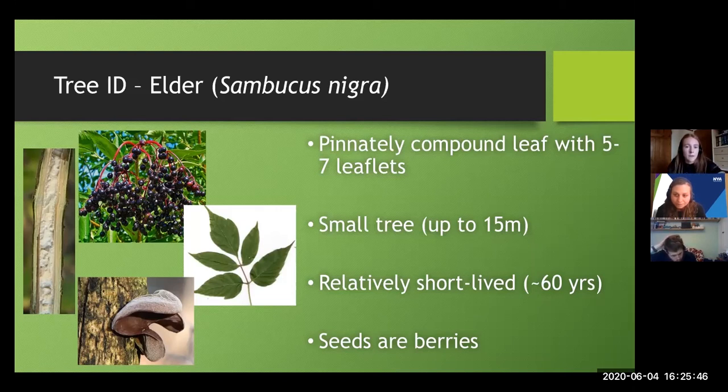So if you see this picture on the far left here, all that stuff there, that's pith, and you can basically push that out with a hand drill or a palm drill, and you can make elder beads. So that's how you do that.